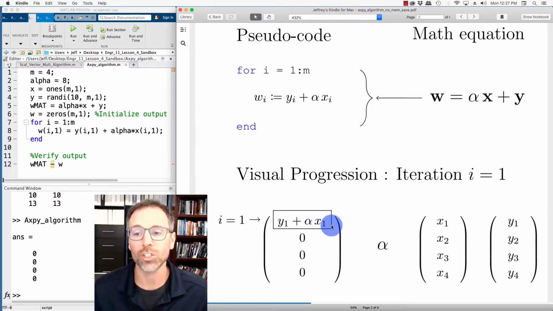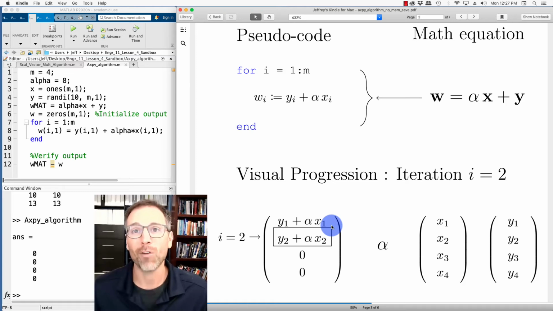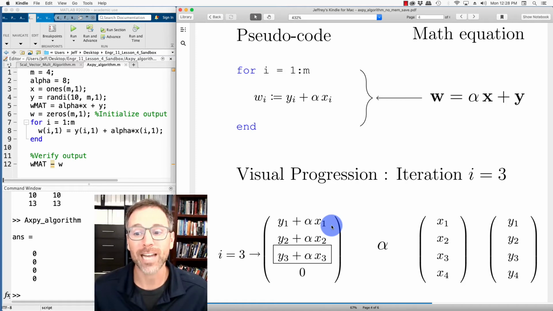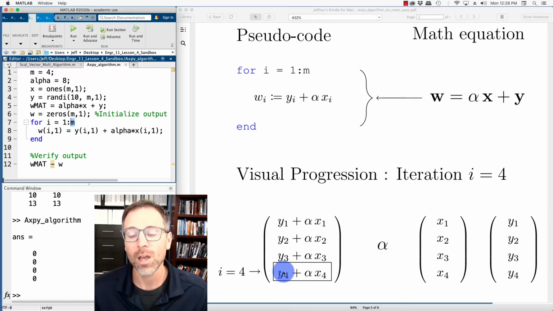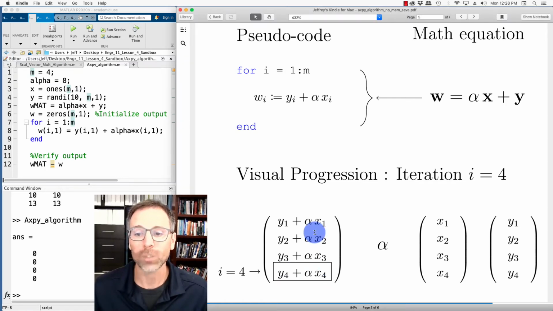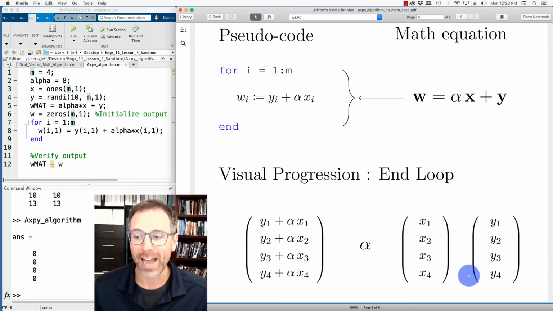We go to iteration 2, y2 plus alpha x2, y3 plus alpha x3 in the third iteration, all the way down to the last iteration, which is the value of m. Last value gets y4 plus alpha x4. Then we kick out, and we have not changed the values of alpha, x, and y in memory. We have only created a new vector that stores the axpy operation between alpha, x, and y.